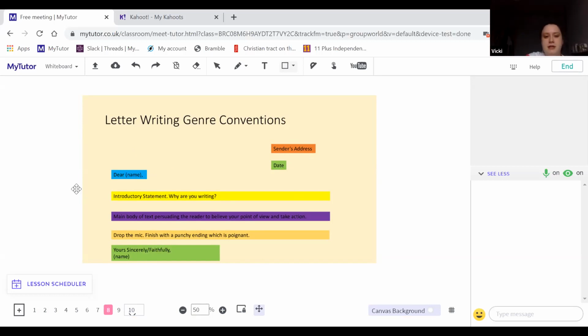So you start off with an introductory statement as to why you are writing. You then have the main body of the text persuading the reader to believe your point of view and take action. And then this is something that I saw, I think it might have been on a TikTok, of here's how you should write a paper 2 question 5, and I loved it. It was essentially drop the mic.